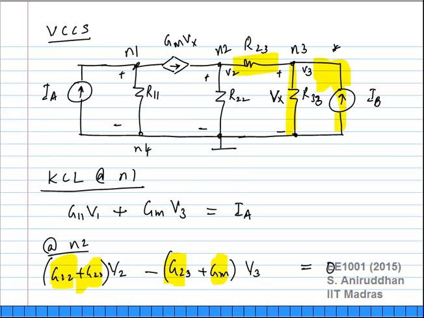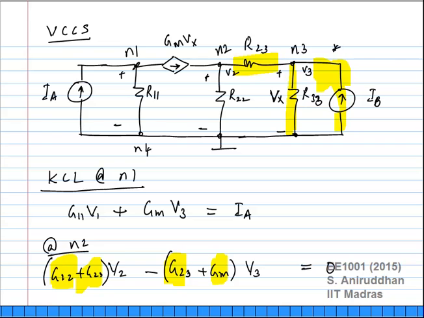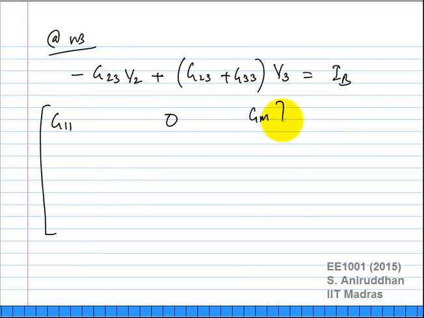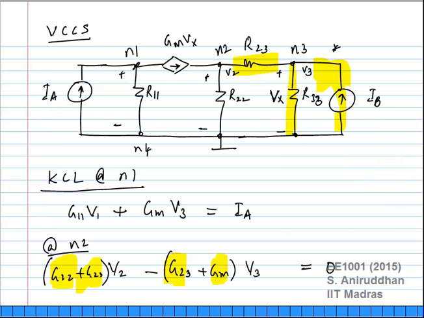I have G11. What is row 1 column 2? 0. What is row 1 column 3? Gm. I'll write these down because it's easier. What is row 2 column 1? Row 2 column 1 is 0.